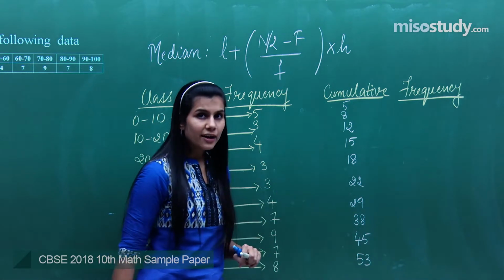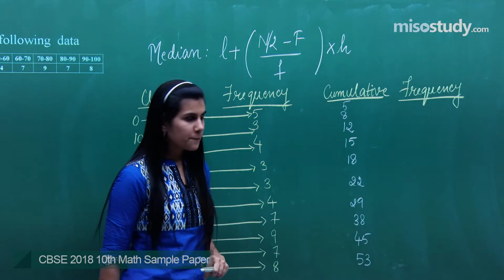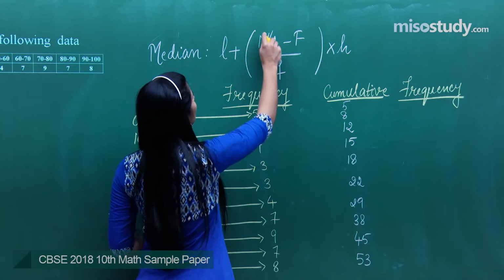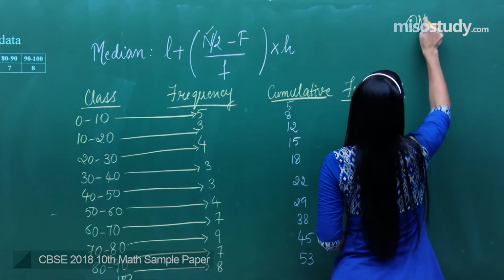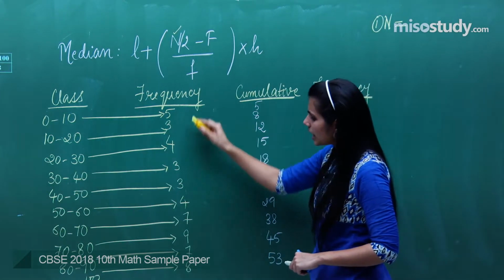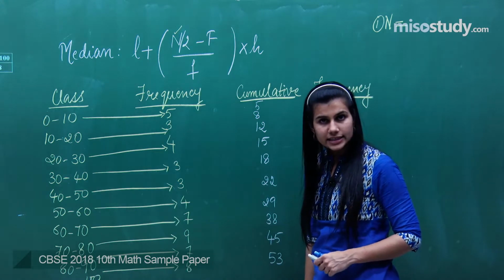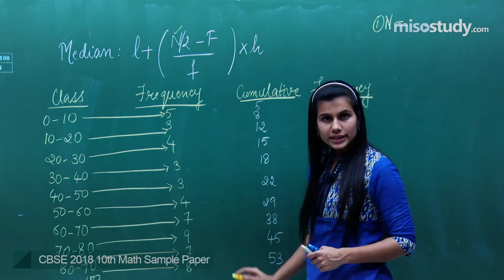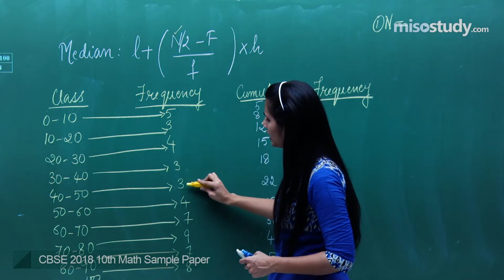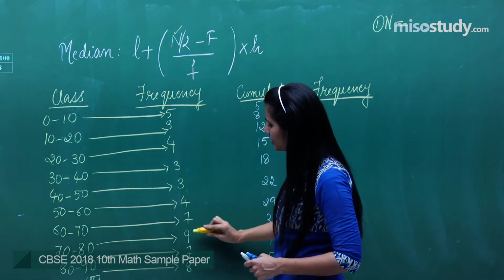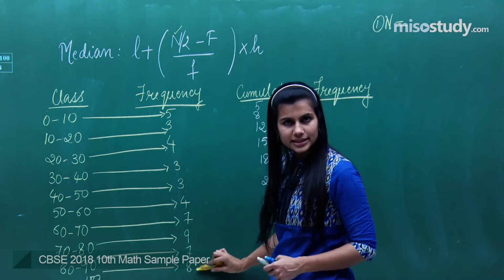The moment you have this, what is the next step? As I told you, I am focusing on finding my capital N. So capital N is nothing but the sum of all these frequencies. What will be the sum? 5 plus 3 plus 4 plus 3 plus 3 plus 4 plus 7 plus 9 plus 7 plus 8.